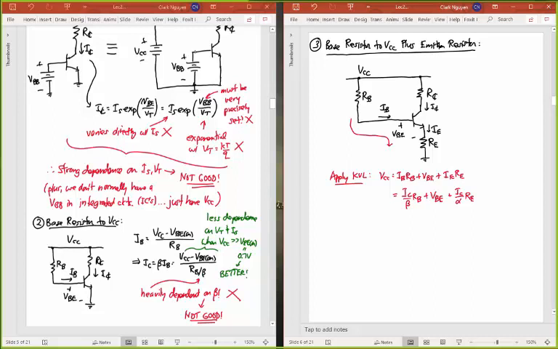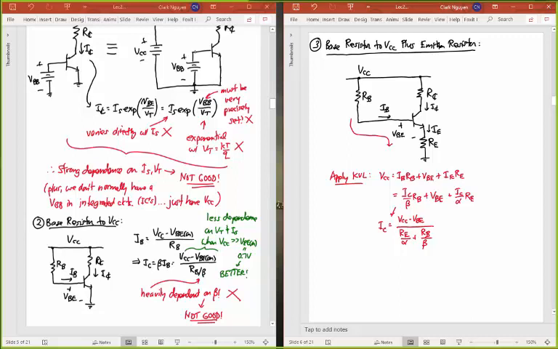And so finally, I'm going to be able to write that IC is going to be equal to VCC minus VBE divided by RE over alpha plus RB over beta. Okay, so alpha is basically 1.